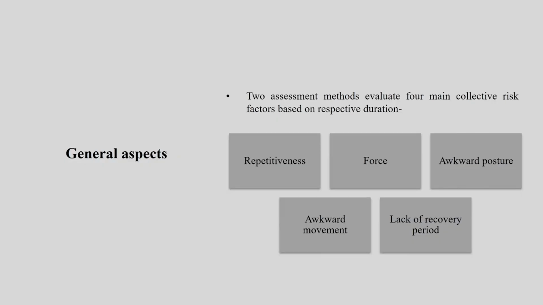If you look at each factor, all are causal factors of musculoskeletal disorder, right? Repetitive activity, of course, is a major contributing factor for any cumulative trauma disorder, or musculoskeletal disorder.